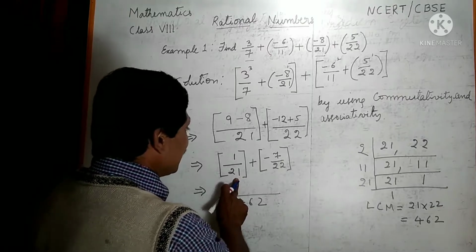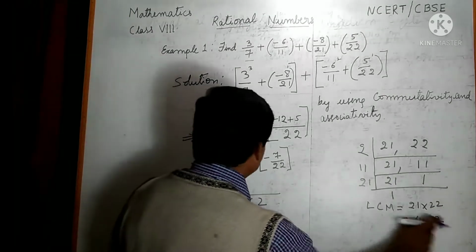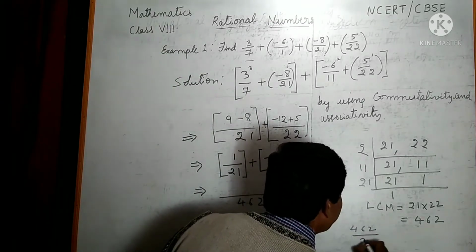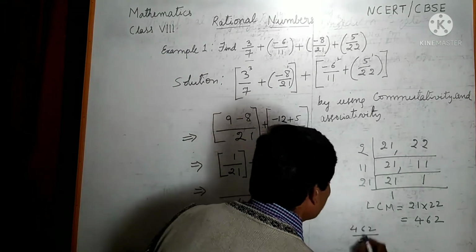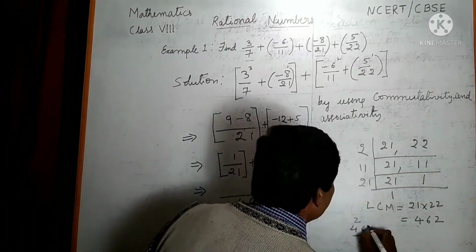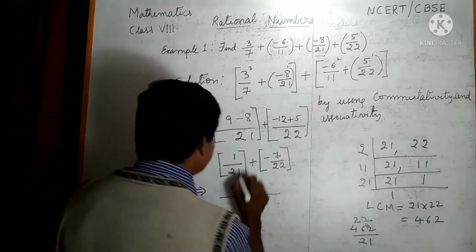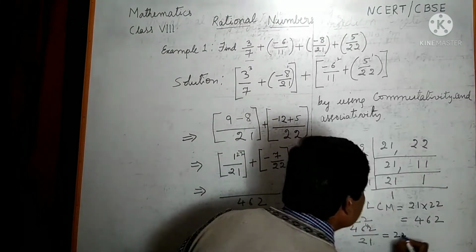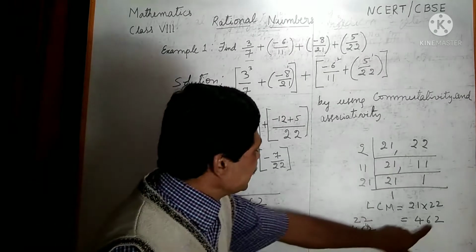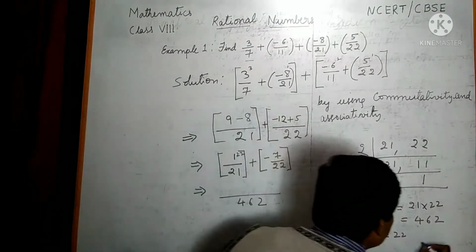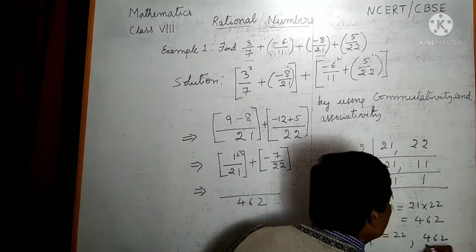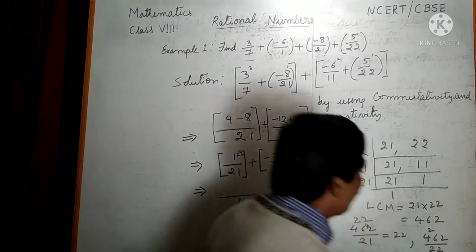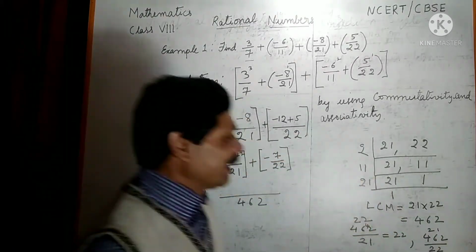Now let us divide 462 by 21. It will become 462 by 21. 21 2s are 42. 21 2s are 42. That means 22 times. And let us divide 462 by 22. 22 2s are 44 and 22 1s are 22.